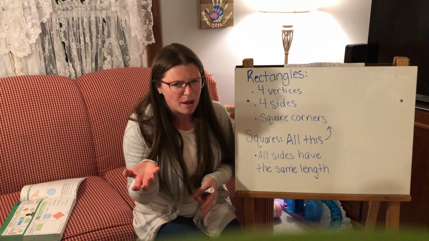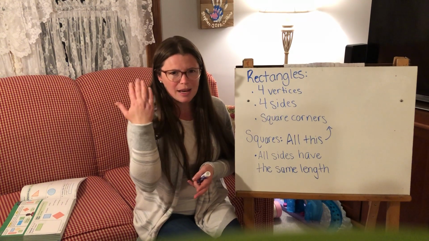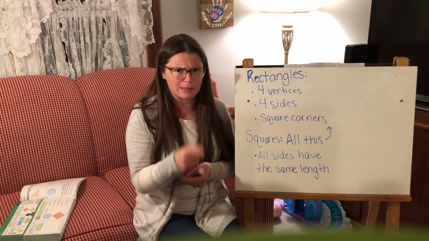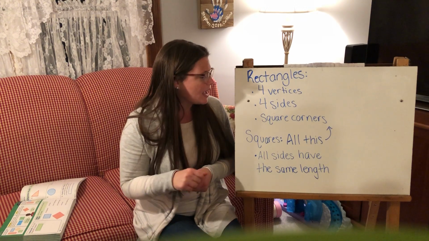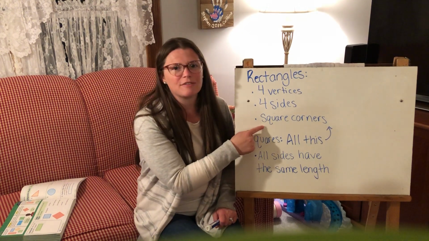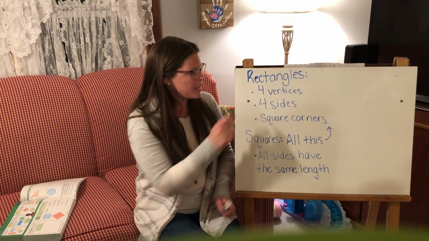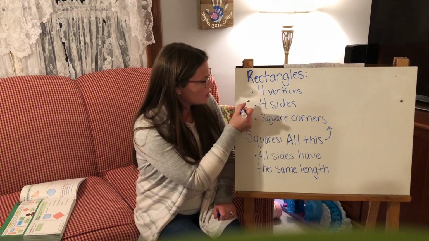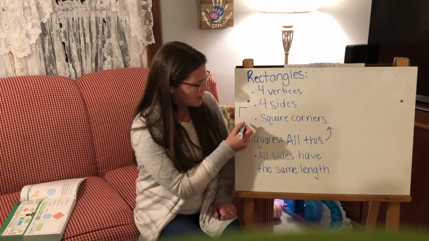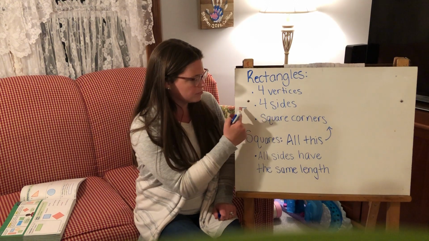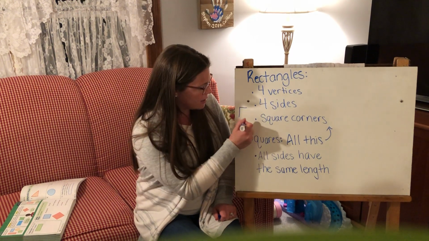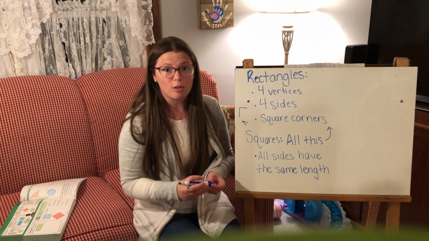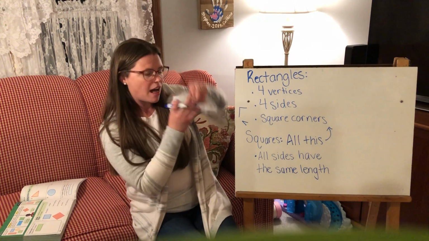These are things that we probably already know, but maybe we didn't realize that it had these rules that they had to follow. And it also has to have square corners. So that means that the corners look like this. They look like an L and not like a V, okay? So that's one of the rules that it has to follow.